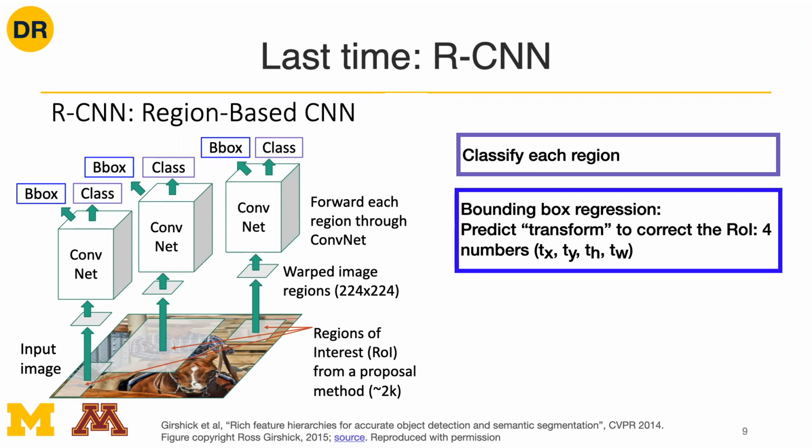But you can think of it as some heuristic-based region proposal that gives you a bunch of regions from your input image. Those regions are warped such that they are of the same size, in this case 224 by 224. They go through a convolutional neural network or a backbone like AlexNet or VGG, whatever it is, and then it predicts the class and also regresses the bounding box in terms of the transformation. So that's the idea behind the region-based CNN.